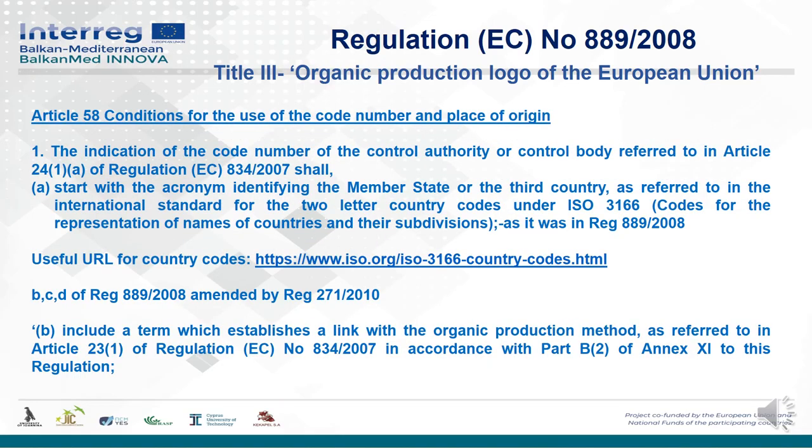Article 58 is about conditions for the use of the code number and place of origin. So except the EU logo for organic products, in the labeling it is necessary to present other information in order to respect all the rules that are related to organic production, marketing, and labeling, according to the standards and regulation of EU countries or European Union, in fact.